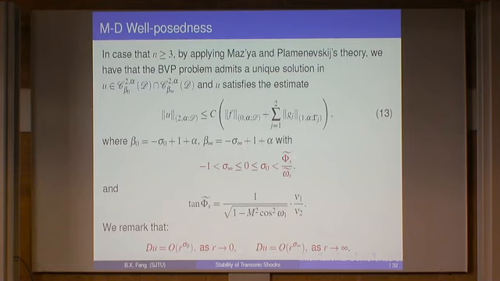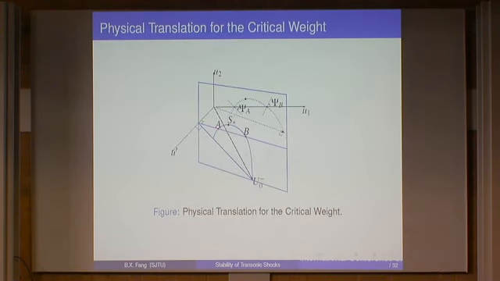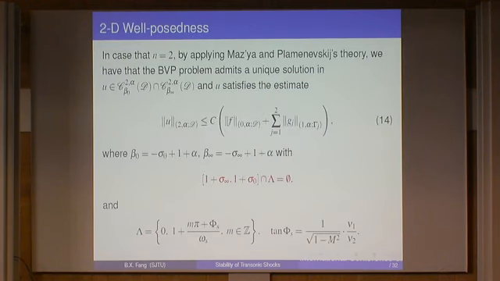In the shock polar, in the figures, we can show that U1, U2 is just the projection of the shock polar on the U1, U2 plane. You will find that U1 over U2 is positive only on this part, and for this part it is negative. So for the multi-dimensional case we can only establish the stability theory for these solutions.